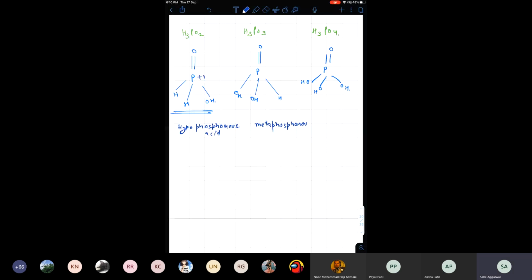This is called orthophosphoric acid. Orthophosphoric acid. Any doubt till here?